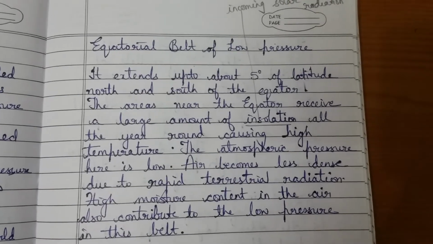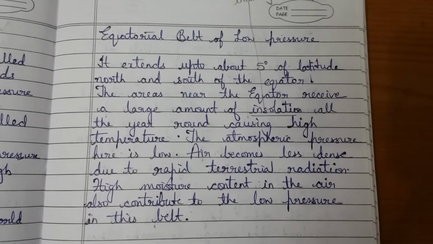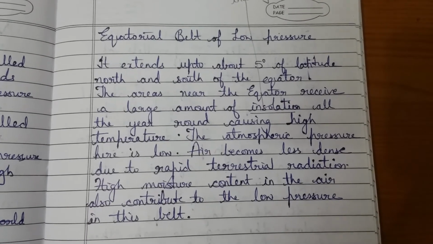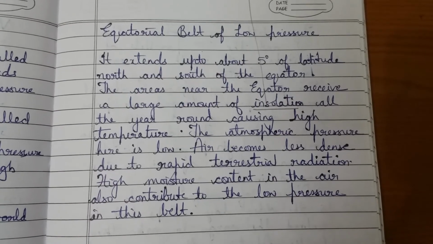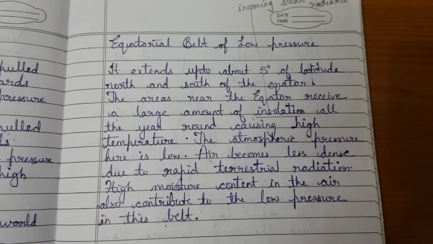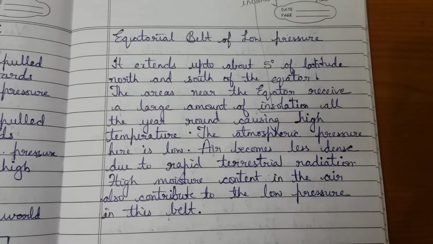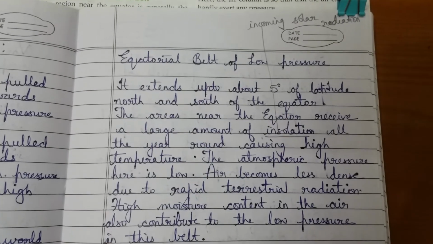Let us now understand about the equatorial belt of low pressure. This belt extends up to about 5 degrees of latitude north and south of the equator. The areas near the equator receive a large amount of insolation all the year round, causing high temperature. What is the meaning of insolation?